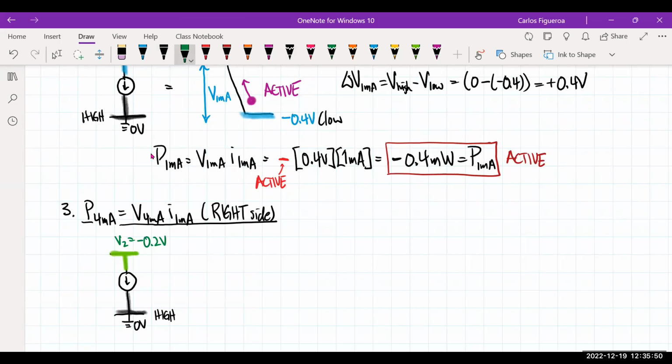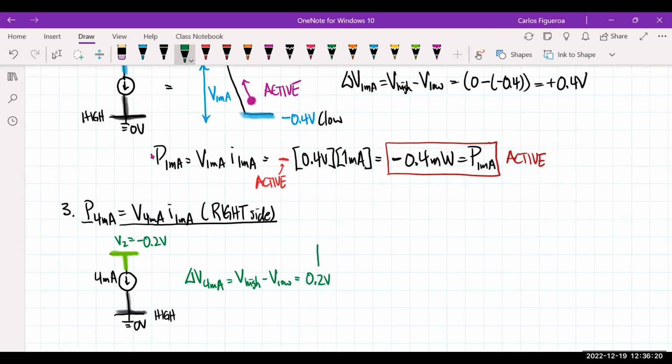If I keep following the same process here, moving a little bit faster, we could say that the height change for the 4 milliamp has to be V high minus V low. In this case, that's 0 minus minus 0.2, so I'm going to get 0.2 volts.